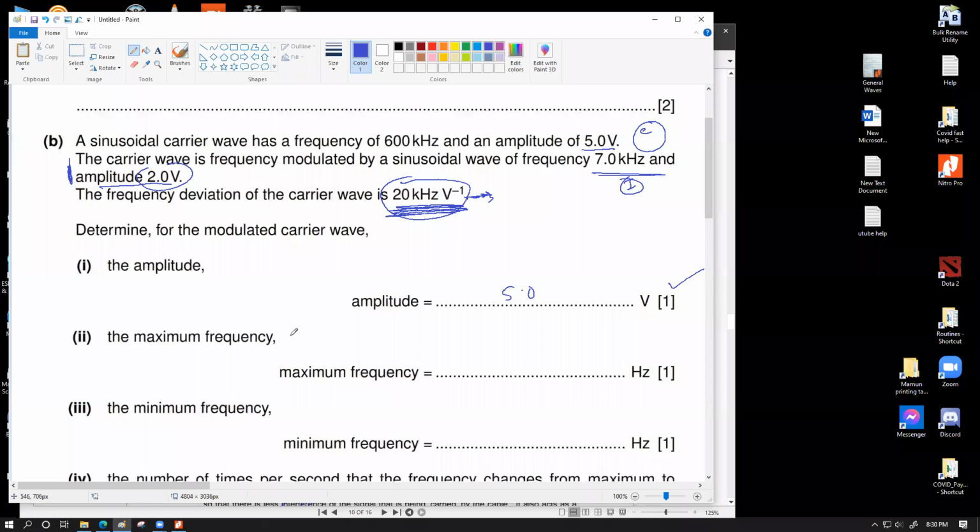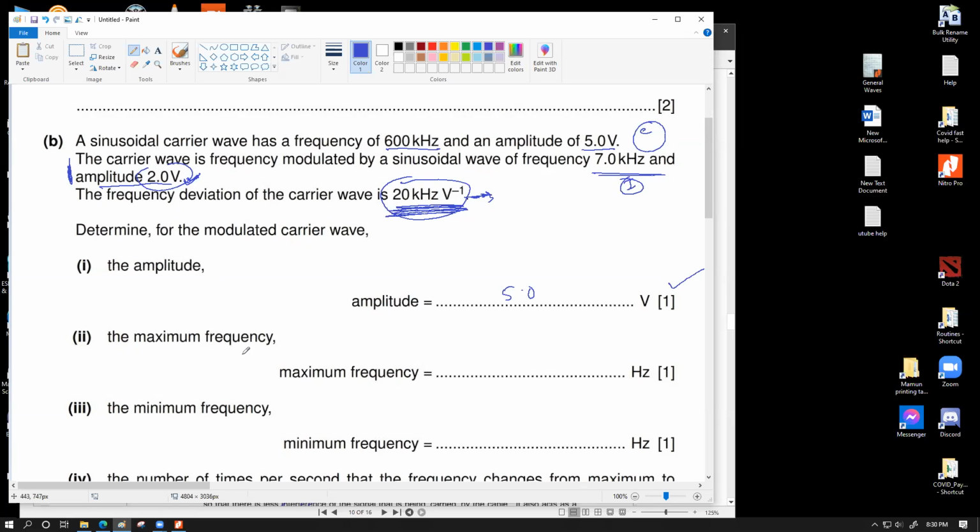What will be the maximum frequency? Maximum frequency will be the frequency that you are going to have added corresponding to 2 volt of amplitude of the information signal. So 2 volt gives you how much kilohertz variation? 2 volts gives you 2 into 20 kilohertz, that is 40 kilohertz, which means the maximum frequency is going to be 600 plus 40.